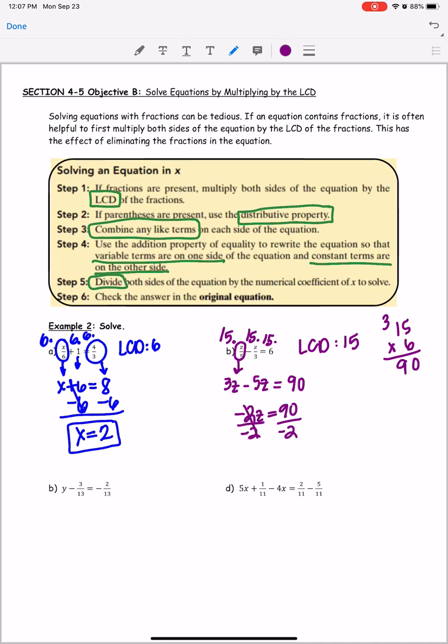So we'll get z equals. If you don't know what 90 divided by 2 is, we'll come over here. 2 goes into 9 4 times, multiply it back out, subtract, we get 1, bring down your 0, 2 goes into 10 5 times. So we will get a negative 45 since we have positive divided by negative, different signs.